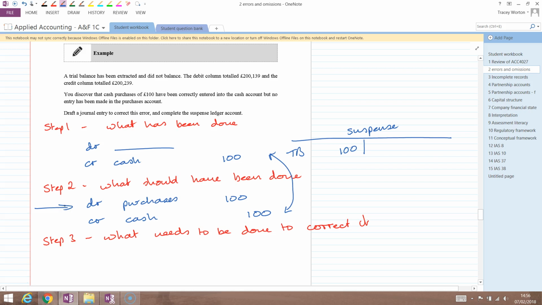So what we actually are going to do is we're going to clear our suspense account with the credit entry. So we're going to debit our purchases account with the £100 cash purchases, and we're going to credit our suspense account to clear the £100 of the original single-sided entry. And now we're in a position whereby we can continue and we can draw up the financial statements.